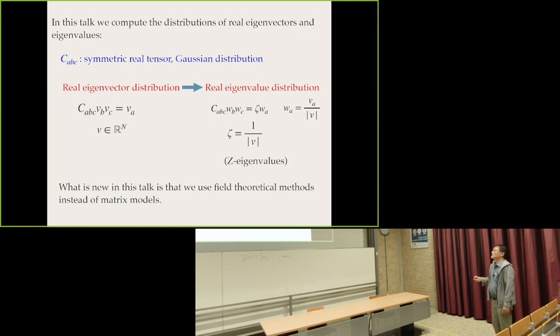Here the eigenvalue is fixed to be 1. Then one can transform the information of this distribution to the information of the real eigenvalue distribution. Here the eigenvector is normalized, and the eigenvalue is given by the inverse of the size of the vector v.